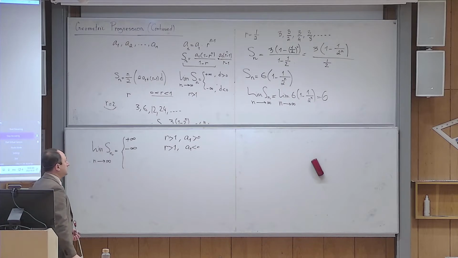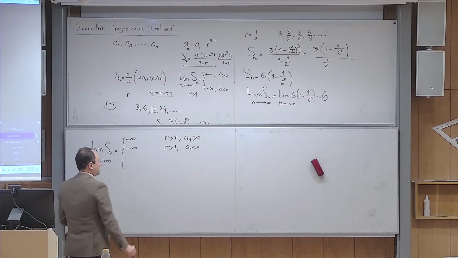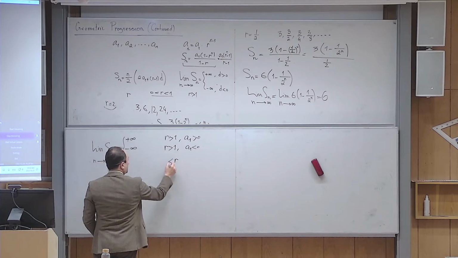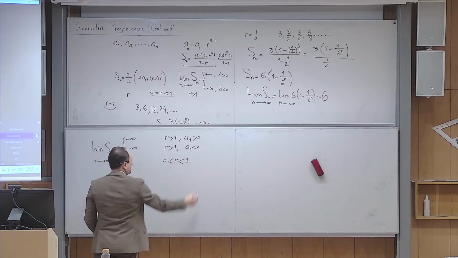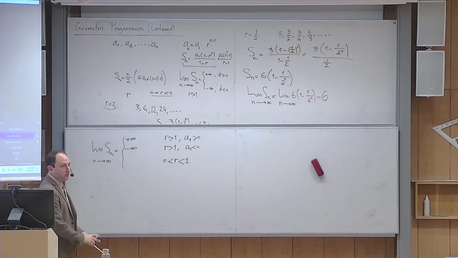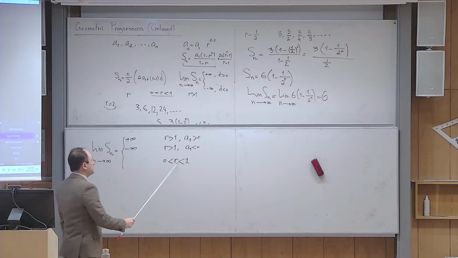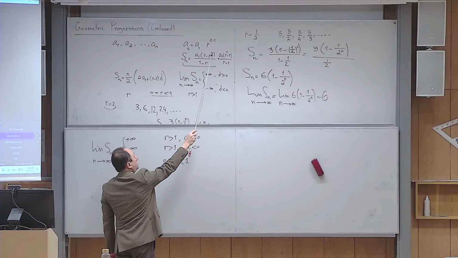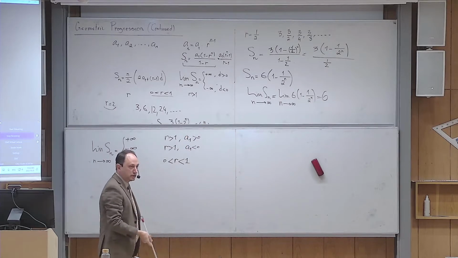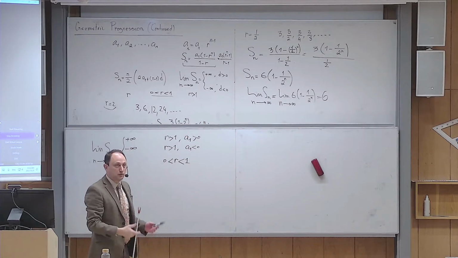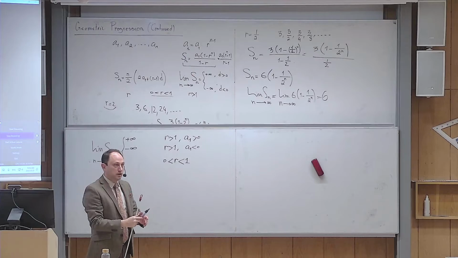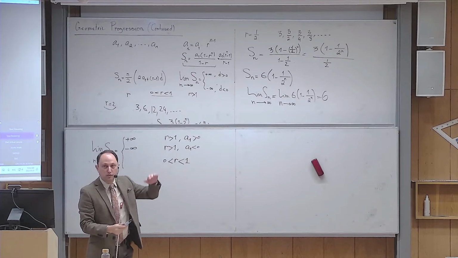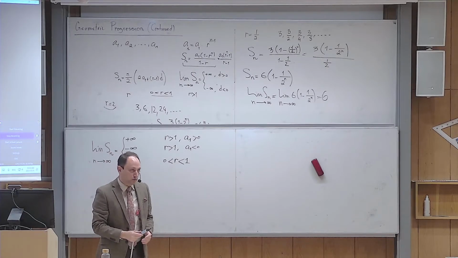But there is something interesting for the case of geometric progression, and that is what happens if r is between 0 and 1. What happens if r is between 0 and 1 and you raise it to higher power, you are making it smaller and smaller, yes? If I have a number between 0 and 1, when I raise it to higher powers, I am not making it bigger, I am making it smaller.